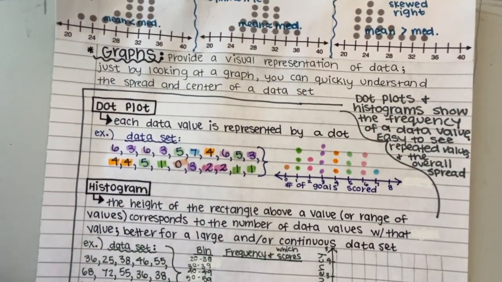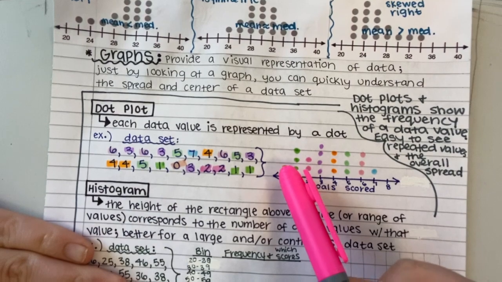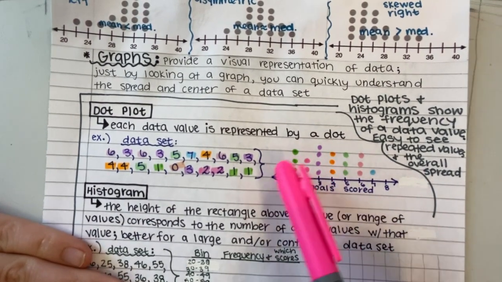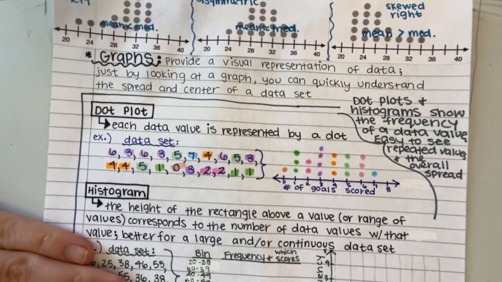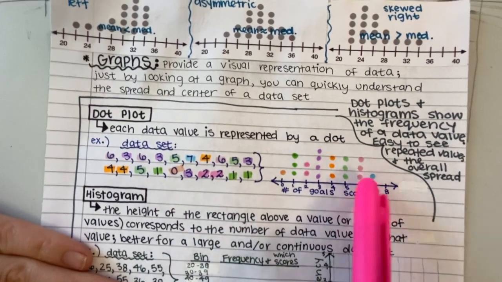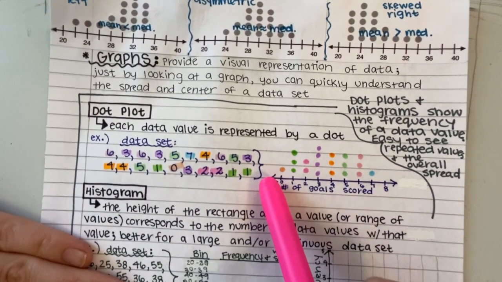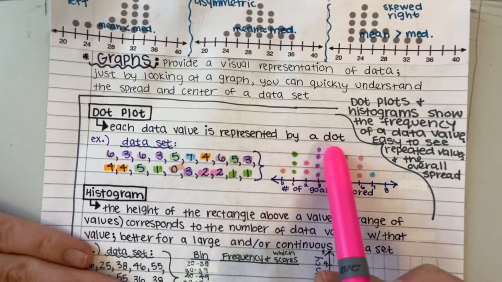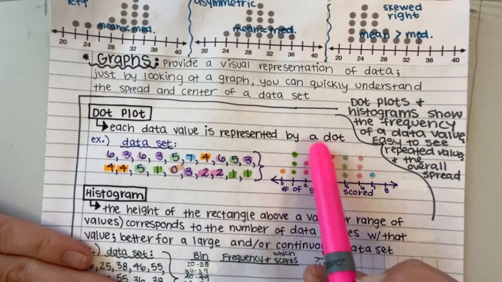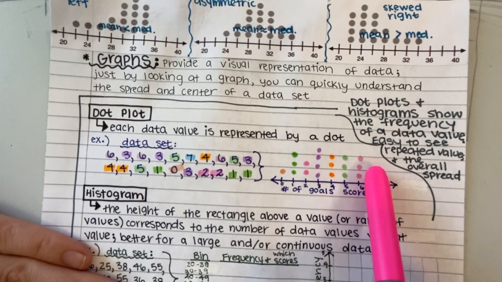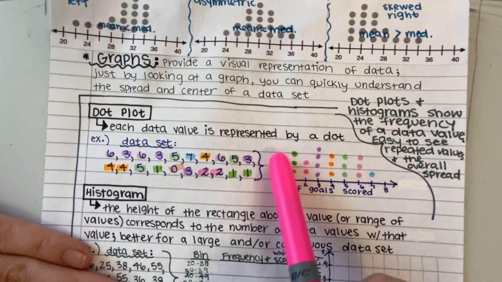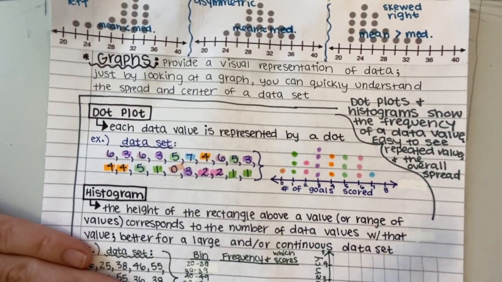So we just had our data. Each point equals 1 dot, and you put it exactly where it's located. So the way you can describe a data set, looking at this, it looks pretty symmetric. The data pretty much remains constant throughout. There's kind of an outlier here at 7 and one at 0.